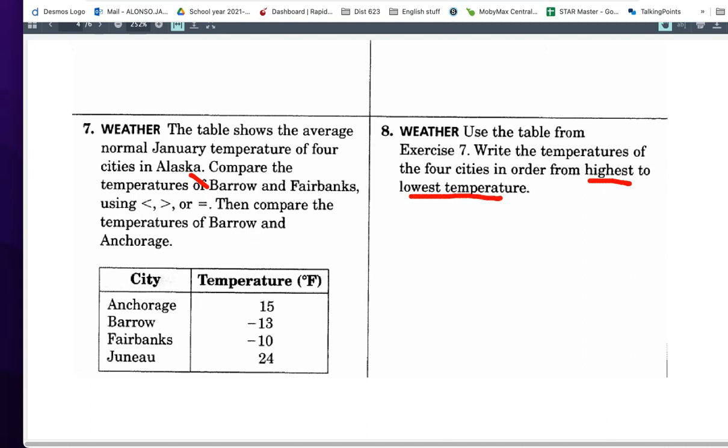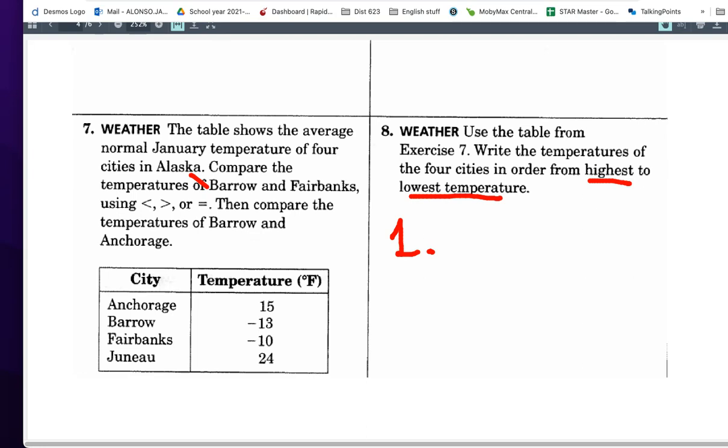You don't have to write the name of the city. I don't really care. So just write in order. Which city is number 1? Which one has the highest temperature? And then which one has a little bit lower temperature, and so on.